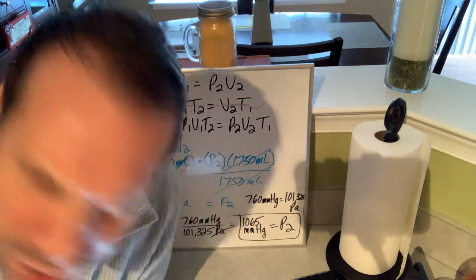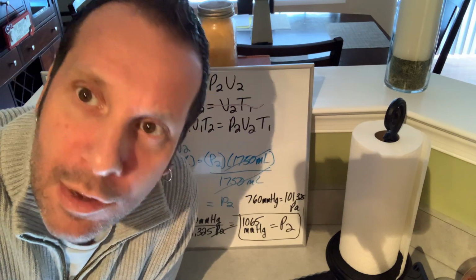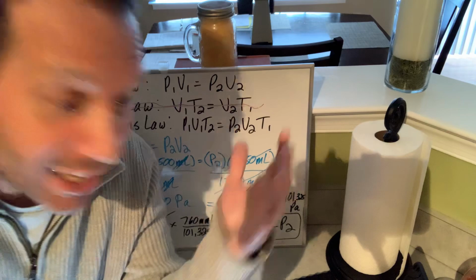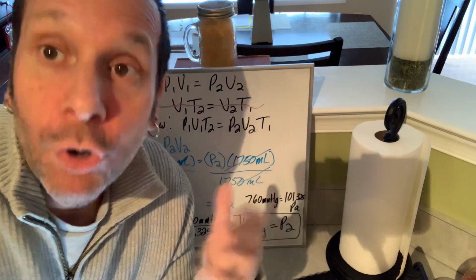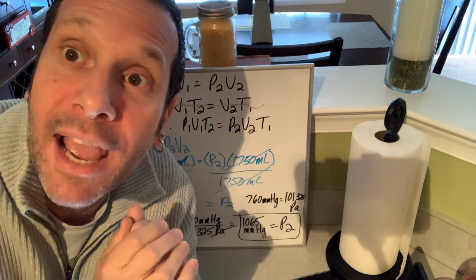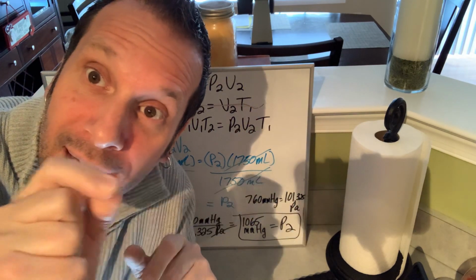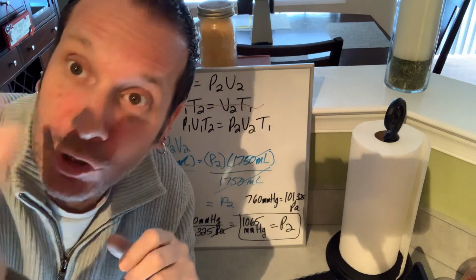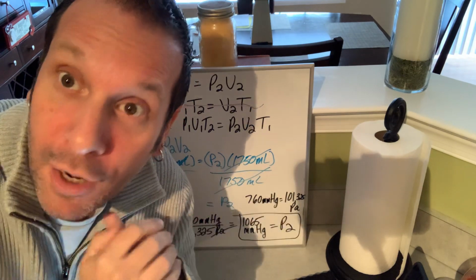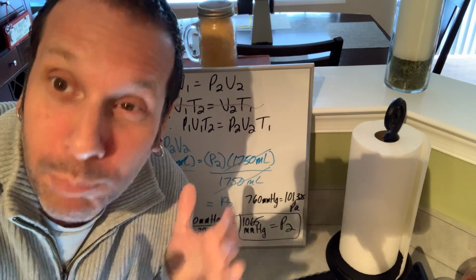But at the end, I changed the pressure on you to 0.943 atm. Well, it doesn't matter if you change kPa to atm or you change atm to kPa. What does matter is that you're using the same units. If you want to change kPa to atm, that's fine. You want to change atm to kPa, that's fine. You want to change both of those into millimeters of mercury because, I don't know, you're bored?